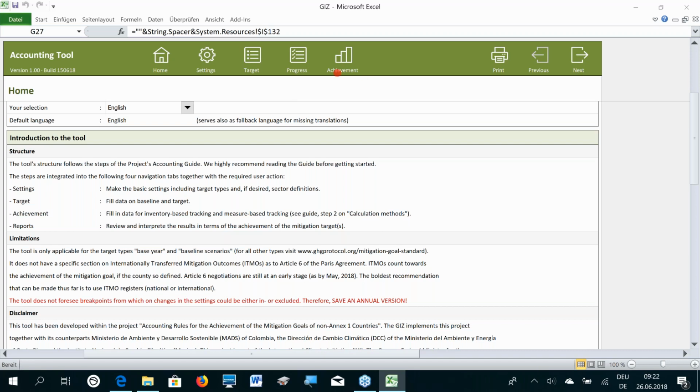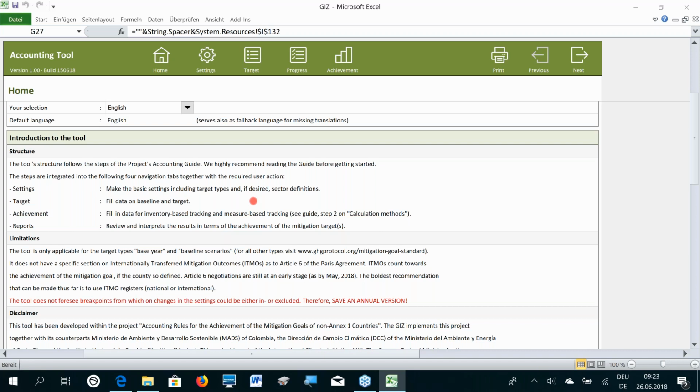And at the end, you come to a section where you can have a look and you can assess directly the achievement of the NDC. And this is basically the accounting. It gives you an expression of in how far you've already achieved the mitigation targets of your NDC.